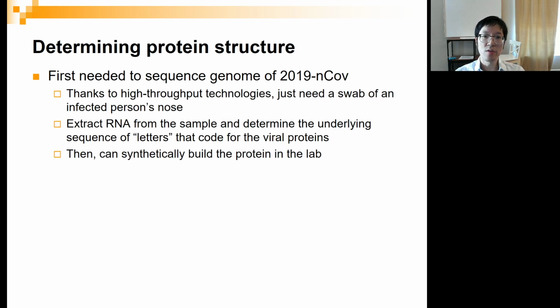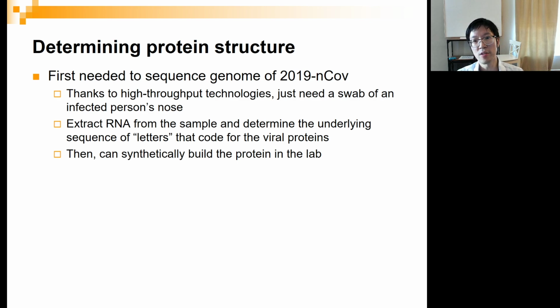So let's take the novel coronavirus as a specific example. First we need to know its sequence. Thanks to current technology, all we need now to determine the genome sequence is simply a swab, say from the nose of an individual who is infected with the coronavirus.